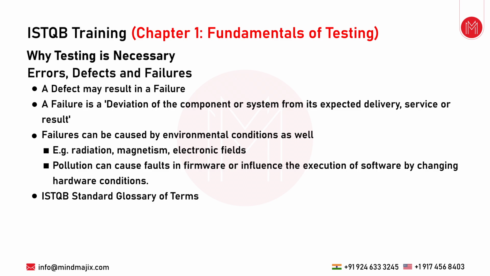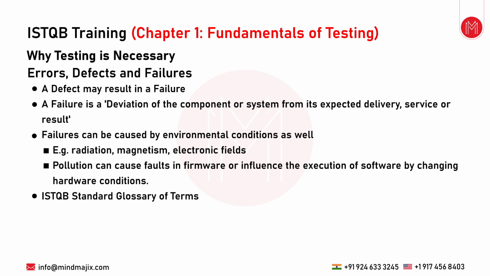So now let's summarize again. A defect may result in failure. A failure is a deviation of the component or a system from its expected delivery, service, or result. Failure can be caused by environmental conditions, right? That means we talked about the time pressure and the complexity.